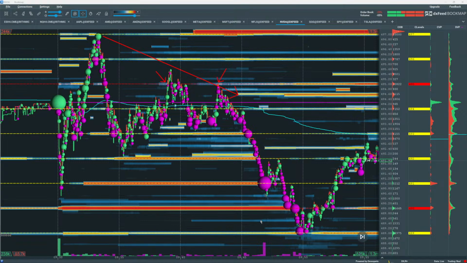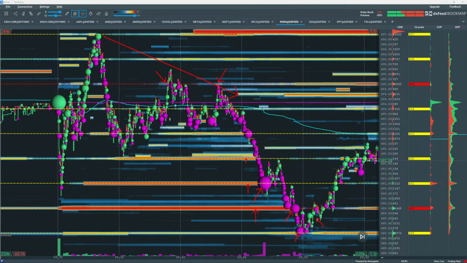This is the heat map in Bookmap, showing a history of the resting limit orders, and below these are limit buy orders, attracting price at 490, 491, 492. Note the large volume dot there at 491, 490, and even 489. All those buy orders absorbed.